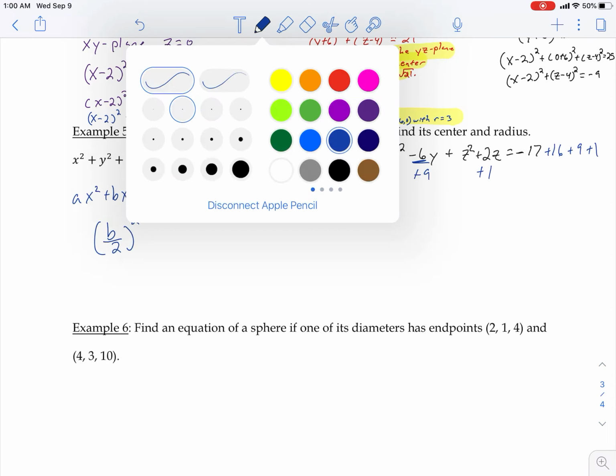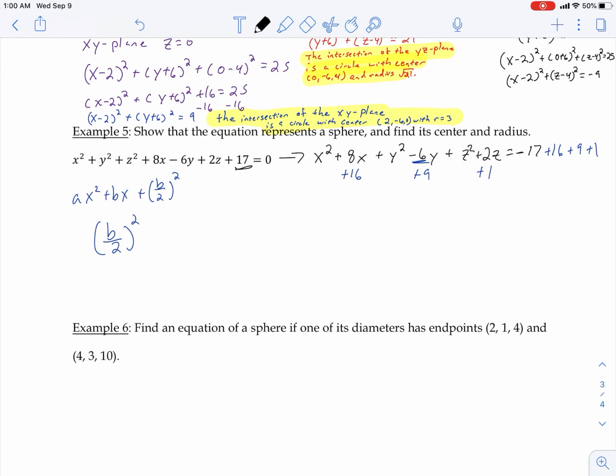So now I have an equation that looks like this. x squared plus 8x plus 16 plus y squared minus 6y plus 9, then plus z squared plus 2z plus 1 equals a positive 9.